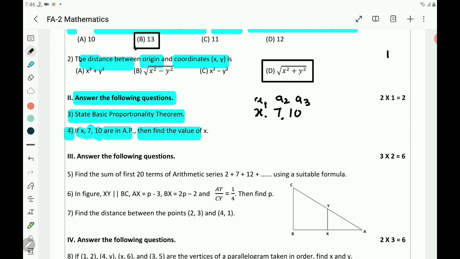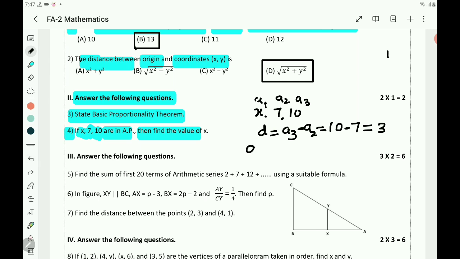And here 10 minus 7 is there, that is d. d equals a2 minus a1, so you find the value of d. d is equal to what? a3 minus a2, that is equal to 10 minus 7, equals 3. Here you got d equals 3.